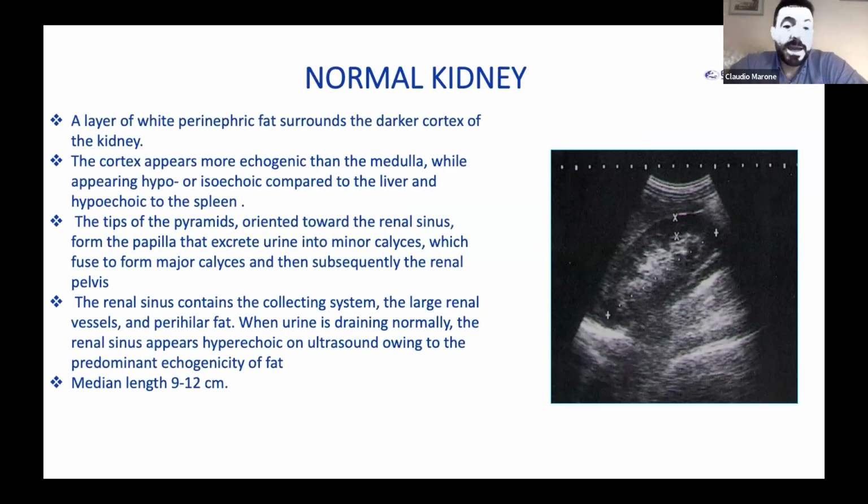We see the pyramids, the tips of the pyramids that are oriented toward the renal sinus and form the papilla that excrete urine in the minor calyces, which fuse to form the major calyces, and then the renal pelvis. The renal sinus appears hyperechoic on ultrasound.